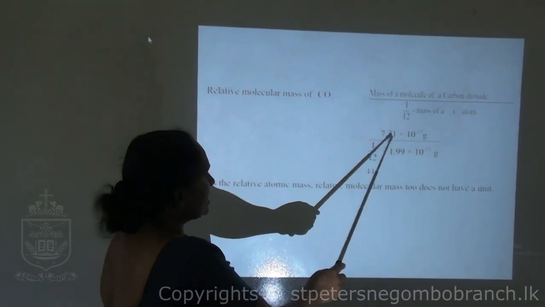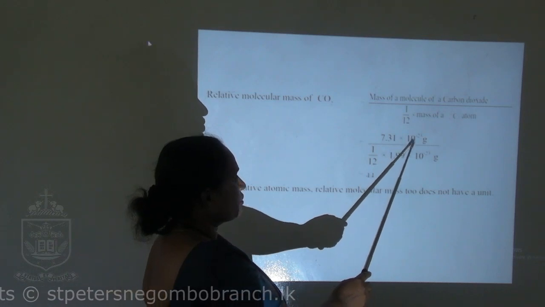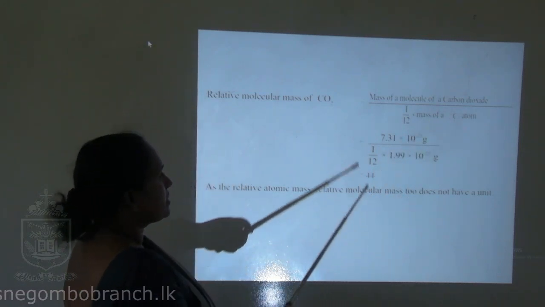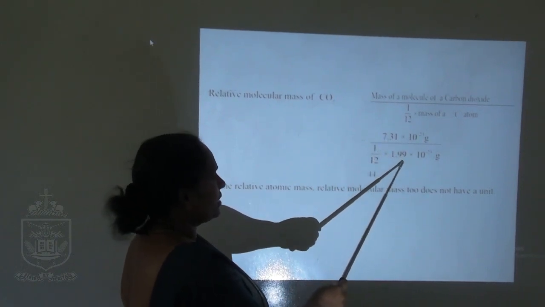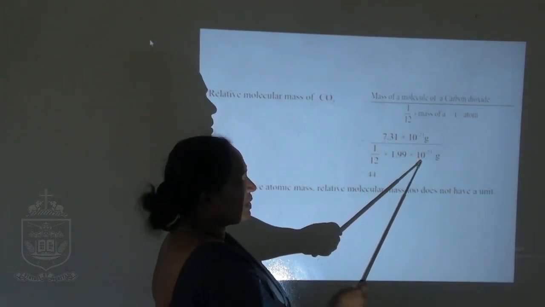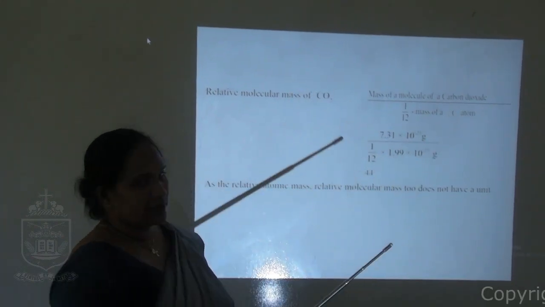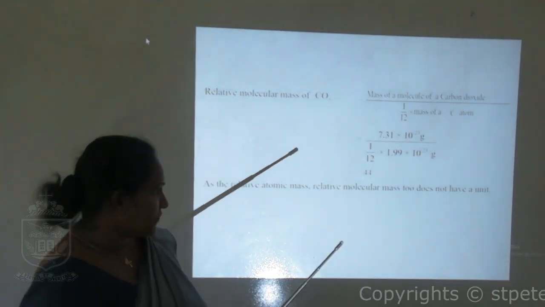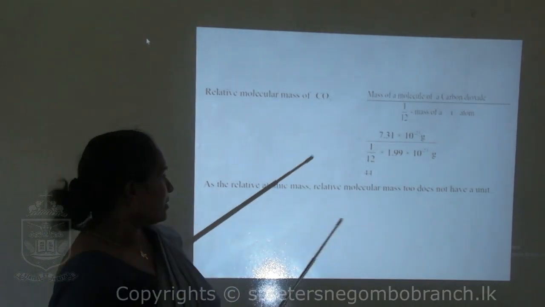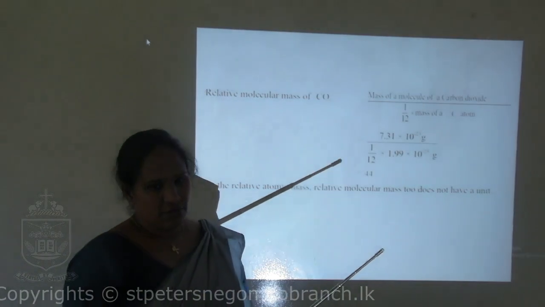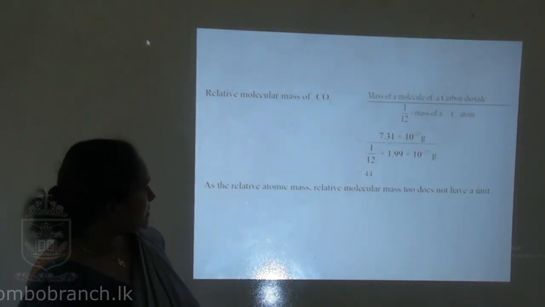Here it will be given: 7.31 × 10^-23 grams divided by 1/12 of 1.99 × 10^-23 grams. Simplifying, we get the answer as 44. Again, there is no unit for relative molecular mass.